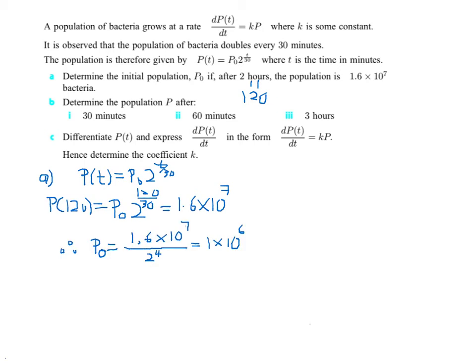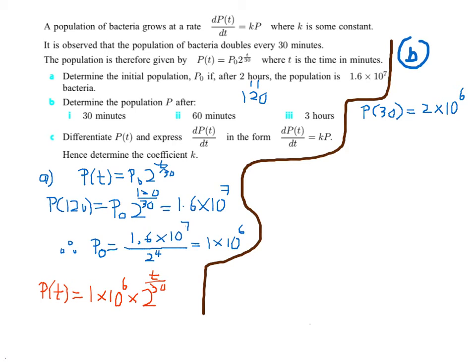If you do this working properly, you get P naught equivalent to this value. So that really means that the function of population could be expressed as P naught times 2 to the power of t over 30, and we could replace this with 10 to the power of 6 times 2 to the power of t over 30. So part B will be pretty straightforward now, because all we need to do is substitute these values.